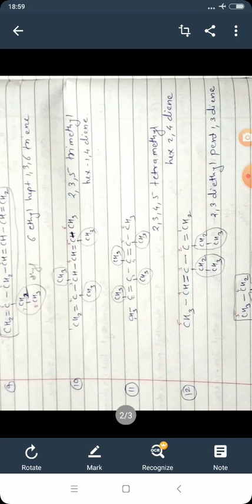See, in the 12th example, we have 5 carbons in a straight chain and 2 ethyl groups, CH2CH3 meaning C2H5, present on the second and third positions.